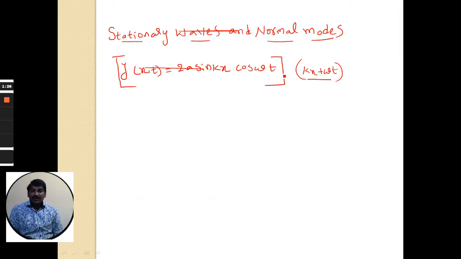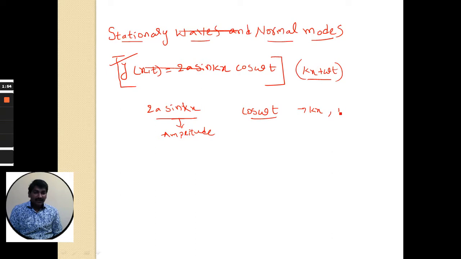But when it turned into the standard waveform of a stationary wave, then 2a sine kx is called the amplitude term, and cos omega t is another term. Here you will find kx and omega t independently.